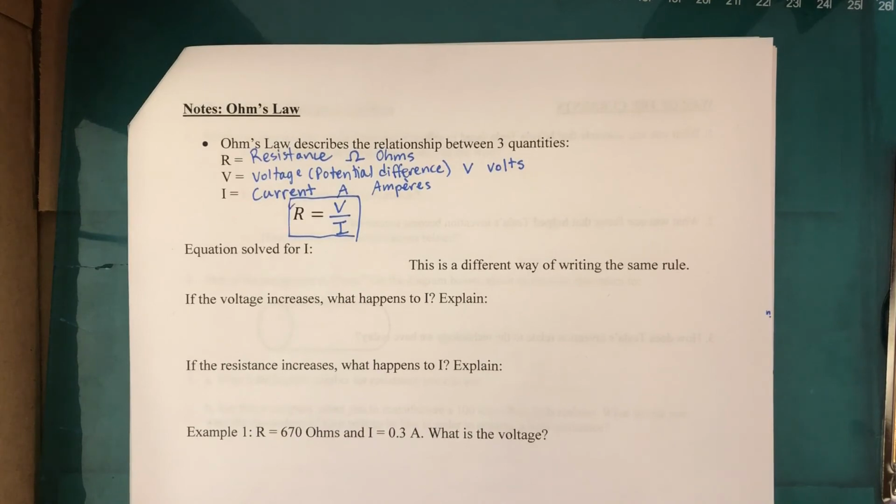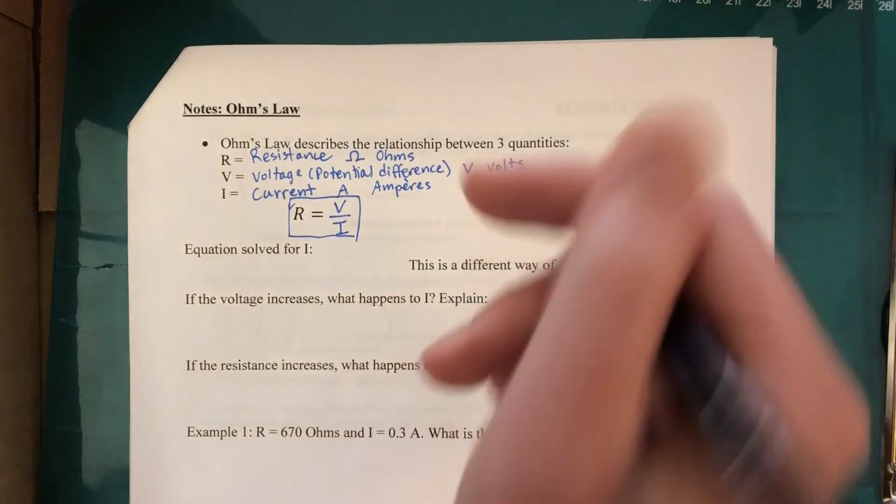I could not tell you why they have the equation provided in this arrangement on the reference table. I don't know why they picked it that way, because there are a couple of other ways to arrange these three variables that make a little bit more sense.